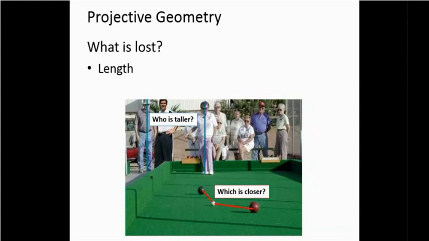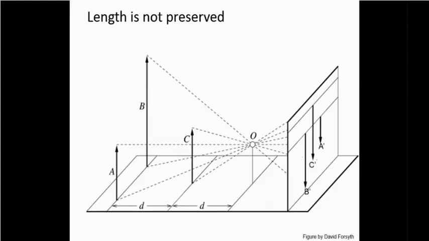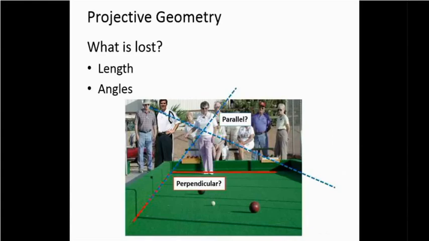Also, you can't tell who's taller just by measuring their height in the image. So length is not preserved. If an object is twice as far away, then it will be half the height. Also, angles are not preserved. So this is a rectangular court, but these angles are not right angles.